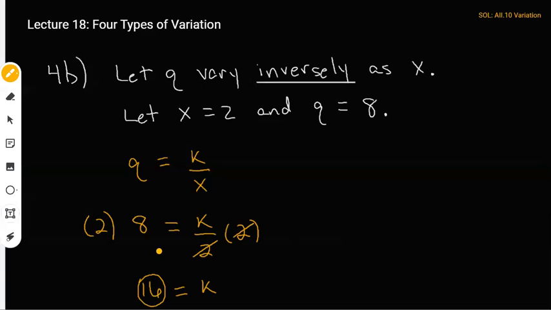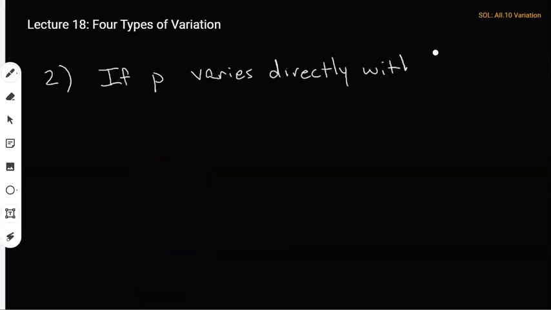So the next one we're going to do is number 2. So let's take a look at that. 2 says, if P varies directly with Q, so that gives you the equation, right?